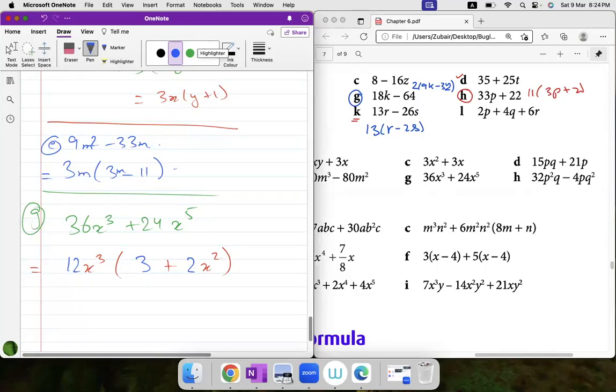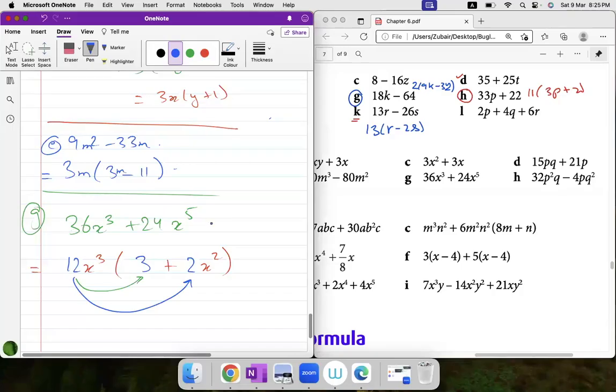The highest common factor is 12, right? 12, 3 times is 36 and x cubed. So I'm getting the first one right. And when I check for this, 12 into 2 is 24 and x cubed into x squared gives me x to the power 5.